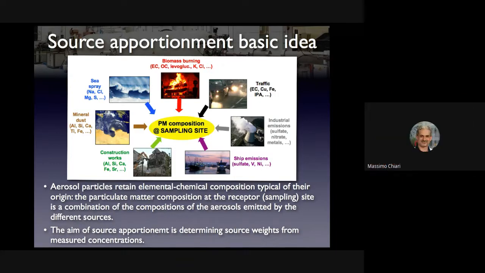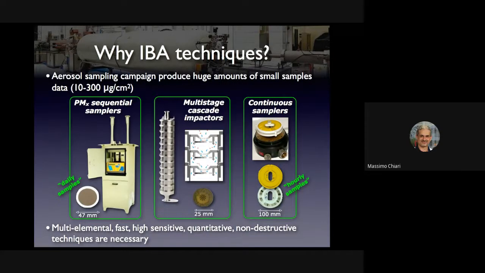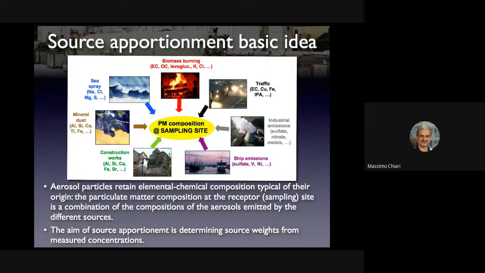So when you analyze the particulate matter collected at one site, what is called a sampling site or receptor site, when you analyze the content of aerosol in one of these filters, for example the one on the left, you have a combination of the composition of the aerosols emitted by the different sources.